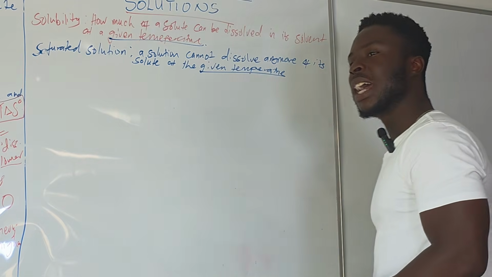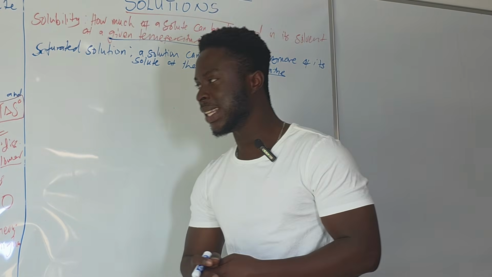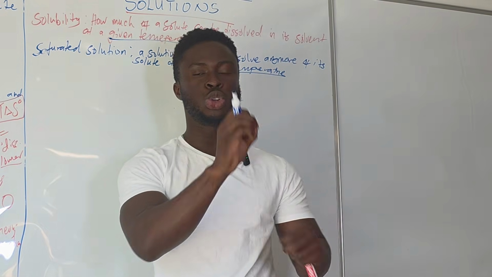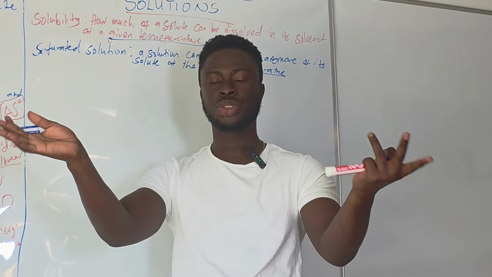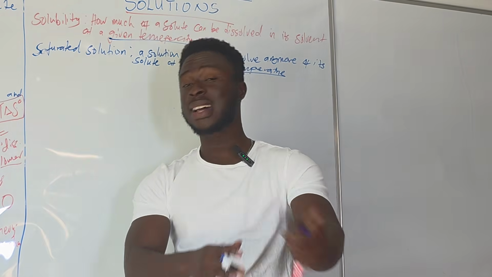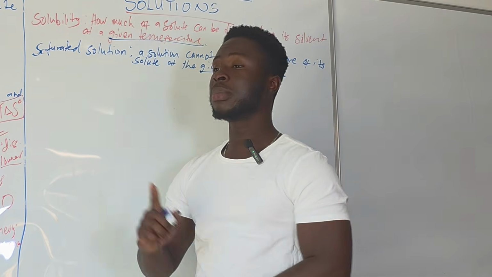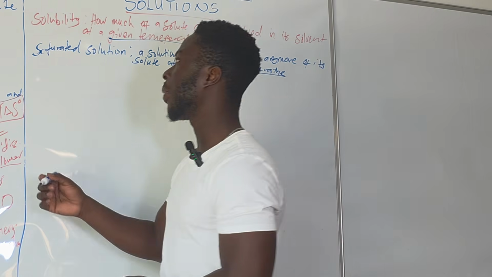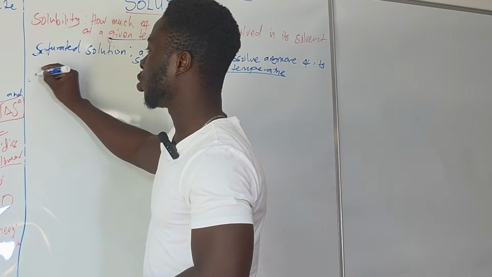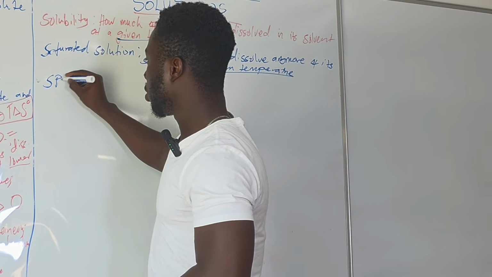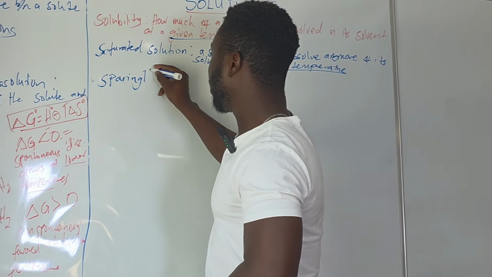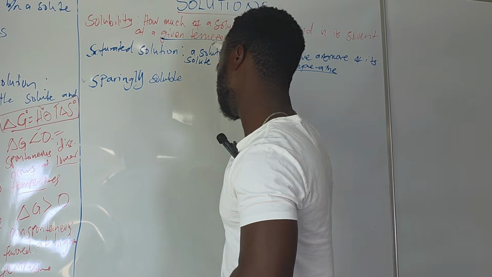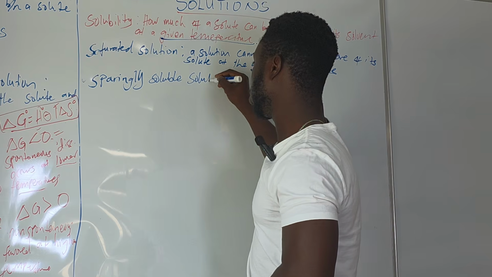But not everything dissociates easily. I use sodium chloride, for instance, because when you put sodium chloride in water, it dissociates easily. But not everything does that. So if something doesn't dissociate so easily, we call those substances sparingly soluble solutes.